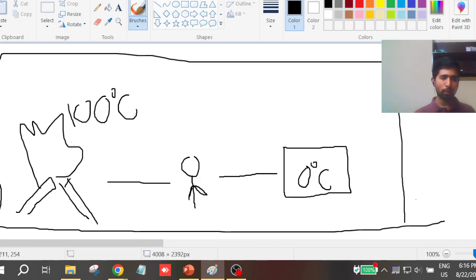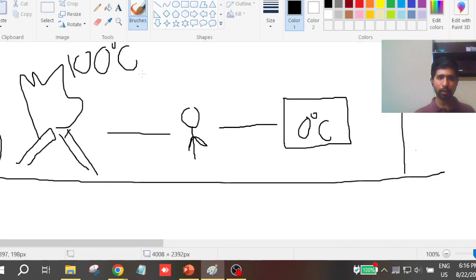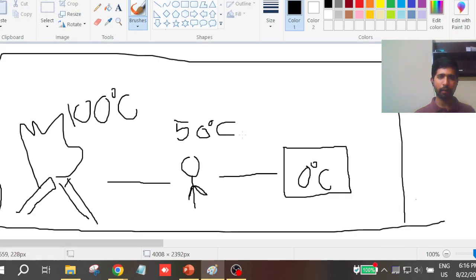Mainly after some time, say 1 hour, you can expect to be at a temperature between 100 and 50 degrees Celsius, exactly half of 100 and 0, that is, 100 plus 0 divided by 2.